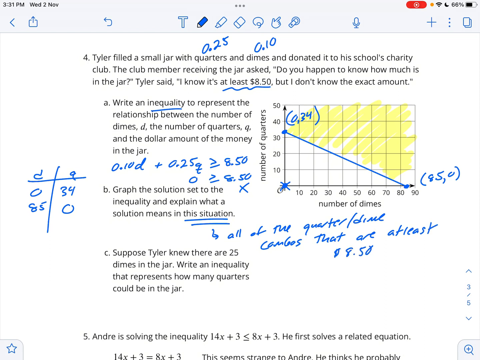So if I picked like this one way out here, 90, 50. So that means if I had 90 dimes and 50 quarters, that's going to be more than $8.50.